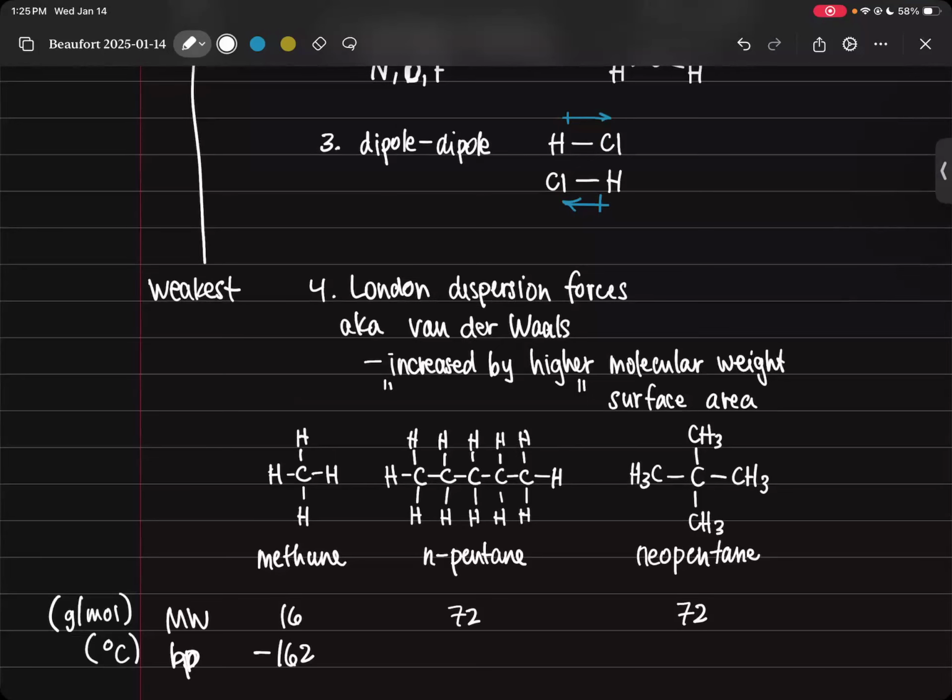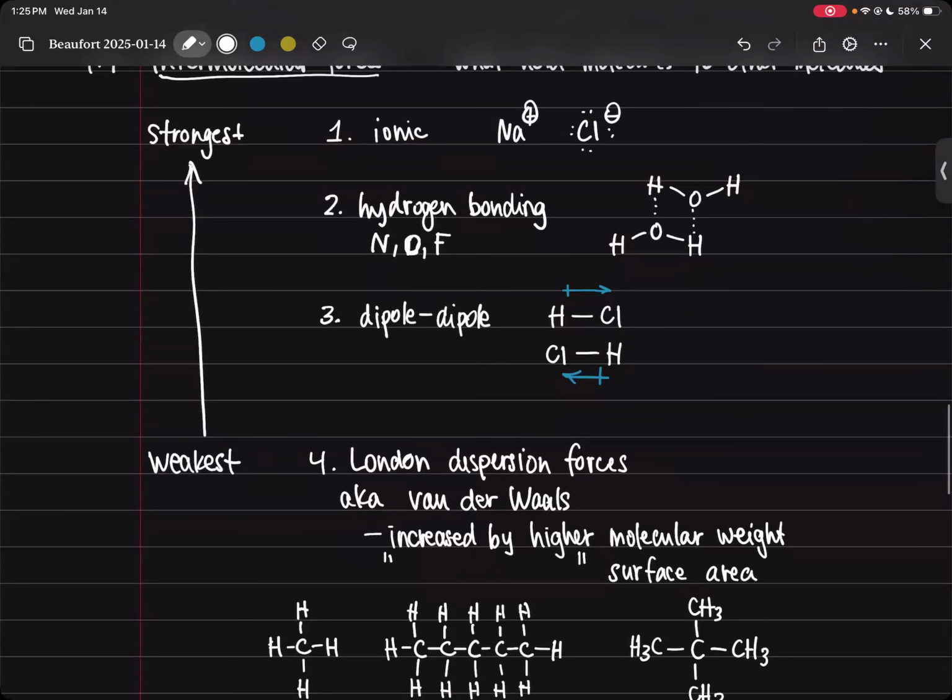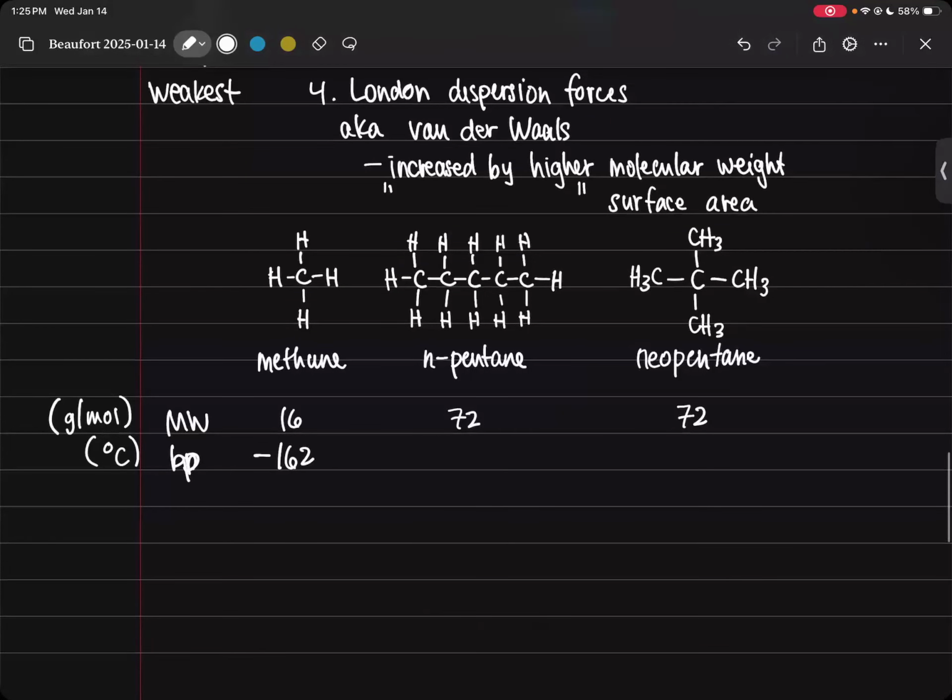There's not a big difference in electronegativity between carbon and hydrogen. We don't have ions, so there's no ionic forces. There's no hydrogen bonding because we don't have NOF. And dipole-dipole, the molecule is not polar at all, so we don't have that. So the London van der Waals forces are the only things holding these molecules together, as is evidenced by the fact that that molecule doesn't really care to be a liquid, doesn't have much holding it to the other molecules.